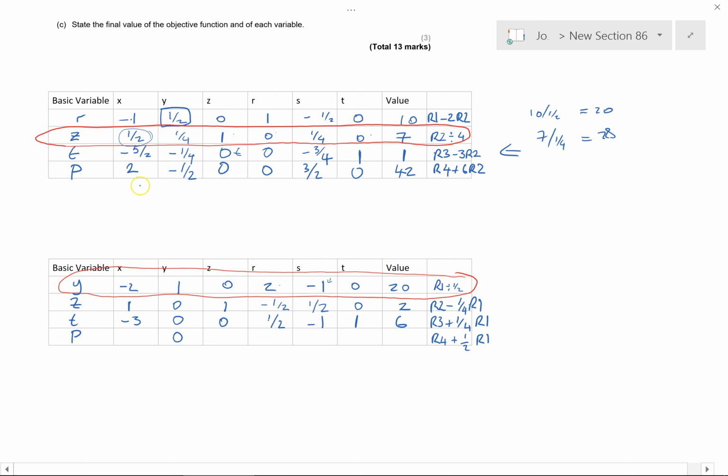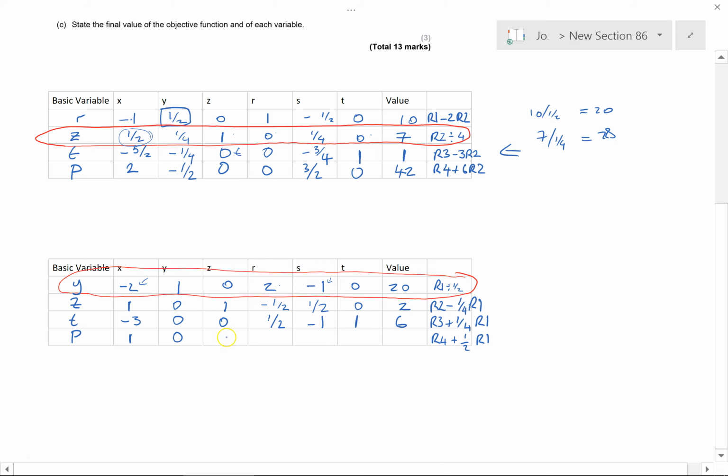Okay, so this number here is equal to 2 plus a half times minus 2, and that equals 1, because basically 2 minus 1.